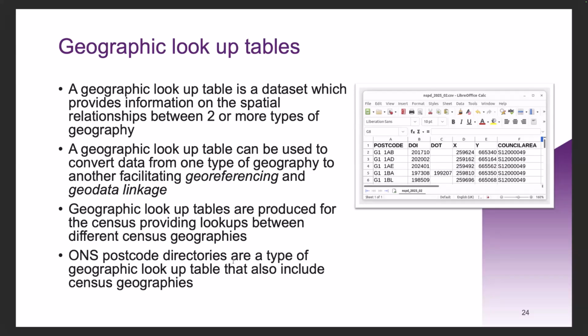Within the same census, there are also a set of lookup tables that do the same across censuses. So you can make lookups between output areas in 2022 and 2011, but you have to be aware that because the geographies tend to change over time, they're not always one-to-one exact. You just have to be aware of that. You also get a type of geographic lookup table called a postcode directory.